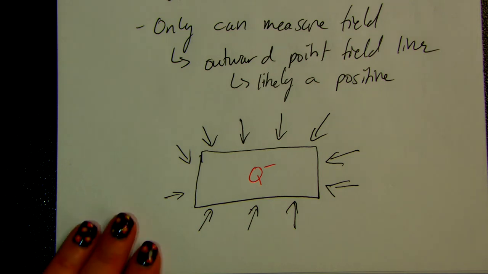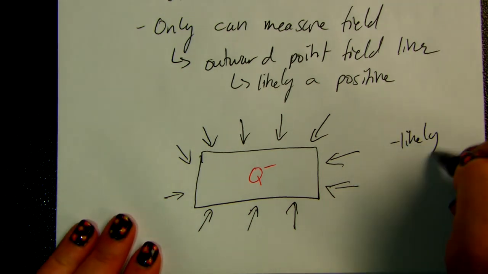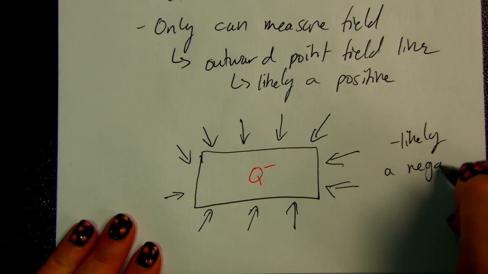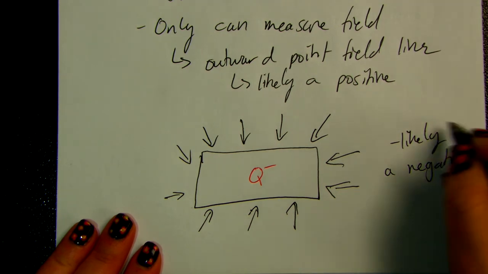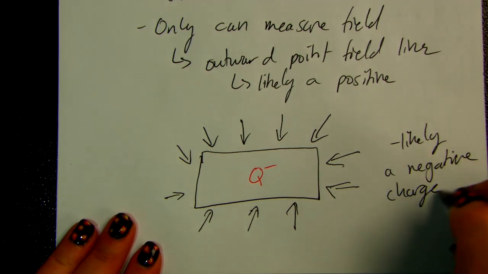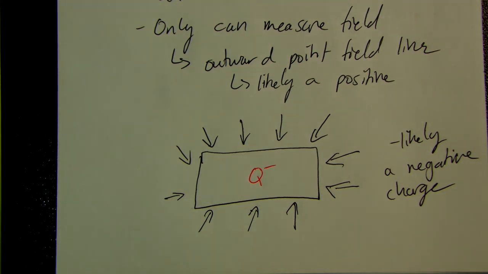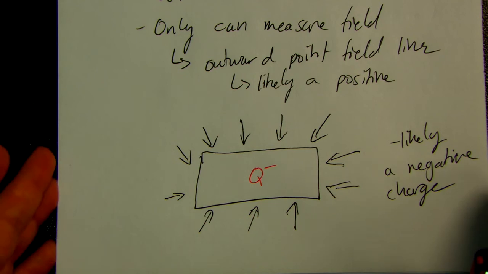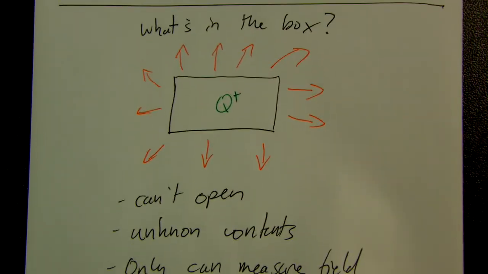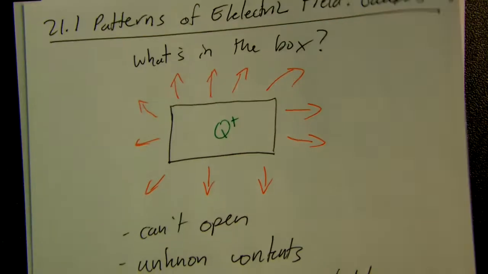So this is likely a negative charge, or a collection of negative charges, or a collection of charges where the sum total is negative. So we know something about what's in these boxes just by measuring their arrows. We know about the direction of field lines. We can use that to reason what types of charges are in different situations. All right, so pretty easy. Let's move on.